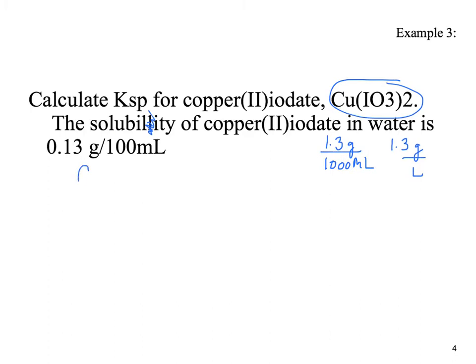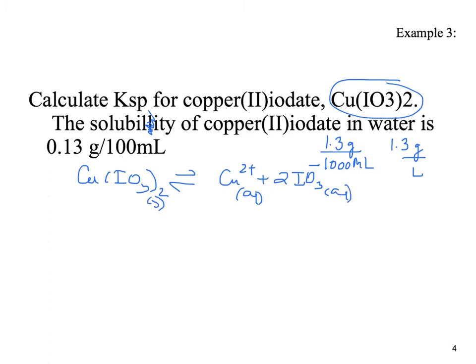The equation we are talking about is Cu(IO3)2, and that means the equilibrium is this iodate. Both of the charges are aqueous. This guy is solid. Let's first calculate the molar mass. So copper is 63.5.